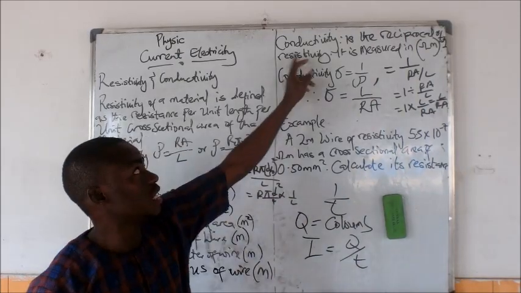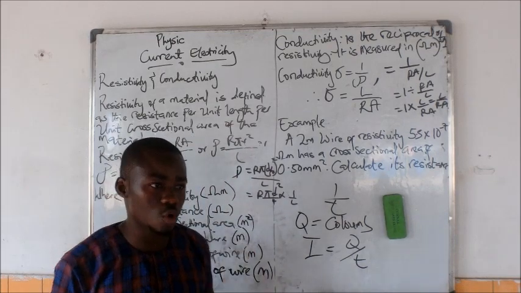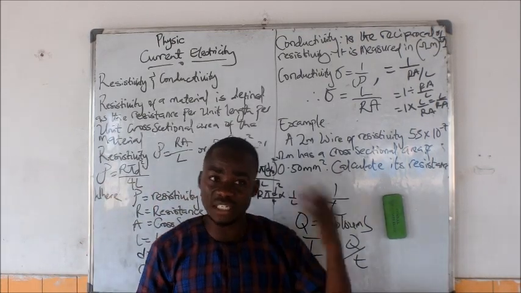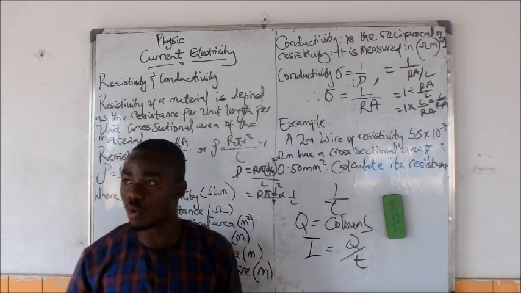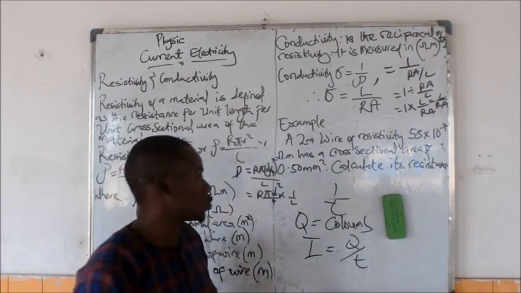That is conductivity. So the higher the conductivity, the lower the resistivity, and the higher the resistivity, the lower the conductivity. So they are opposites of each other.